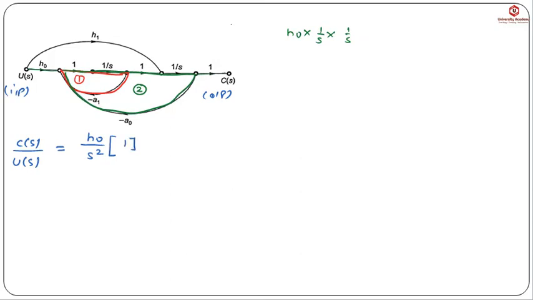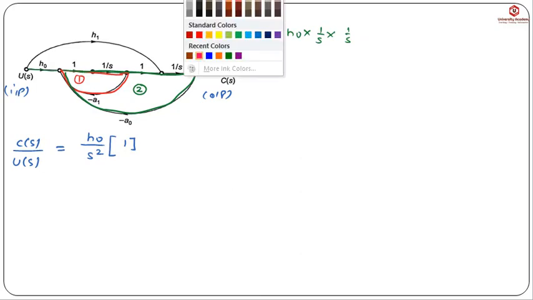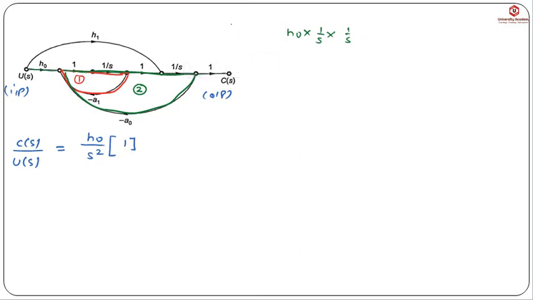Now we check whether any other forward path is possible. Yes, there is one more forward path between the input and output node: H1 and then 1 by S. The gain of this forward path is H1 by S. Now we check whether this forward path touches all the loops. The forward path H1 by S touches loop 2, but it is not touching loop 1.